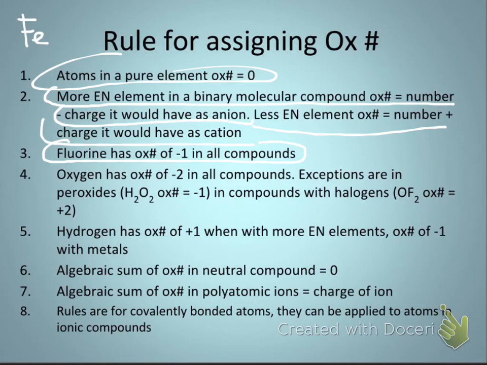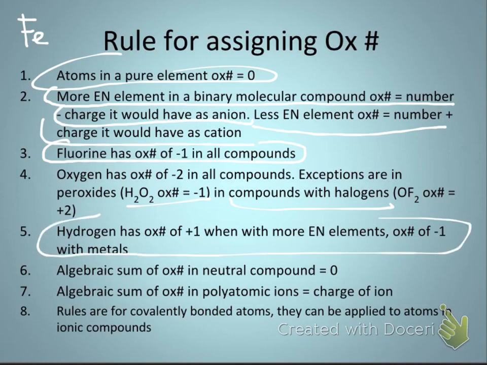We just know that. Oxygen is, well, it's always -2 except for a few exceptions. So it's generally 2-. When it's in a peroxide, that's different, and when it's in a compound with a halogen, because the halogens are so electronegative, you can actually have a positive oxidation number on oxygen, which is a terrible, terrible, horrible thing and stupid, but it's true.